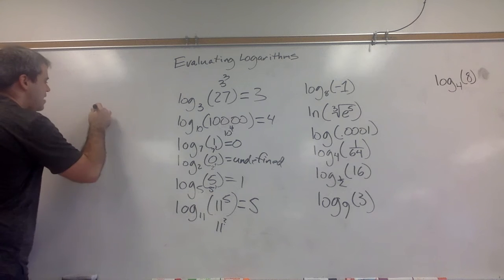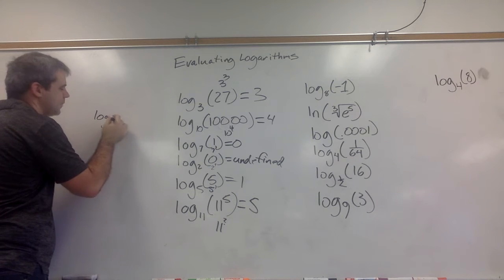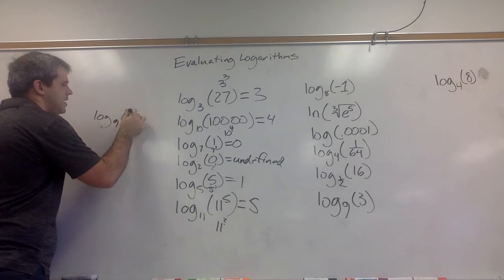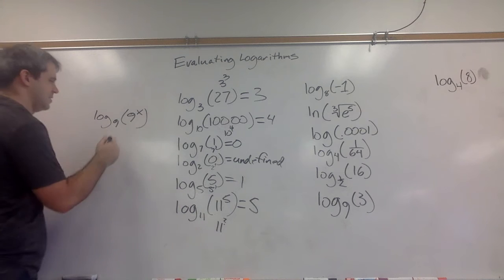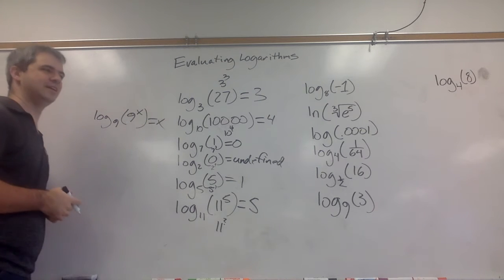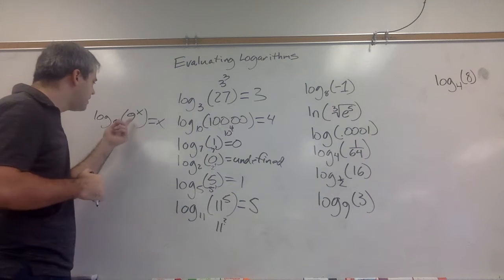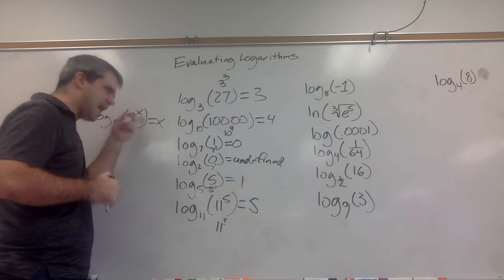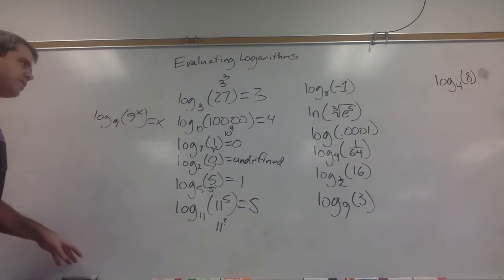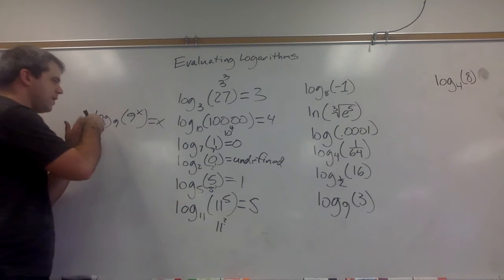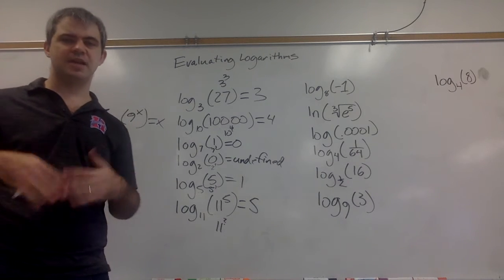So y'all, when you have log base 9 of 9 to the x, that would be x. Because you're asking what the exponent would be if the base was 9, and the exponent's x when the base is 9. These basically cancel each other out. You're doing the logarithm and you're exponentiating. Those two things cancel out.